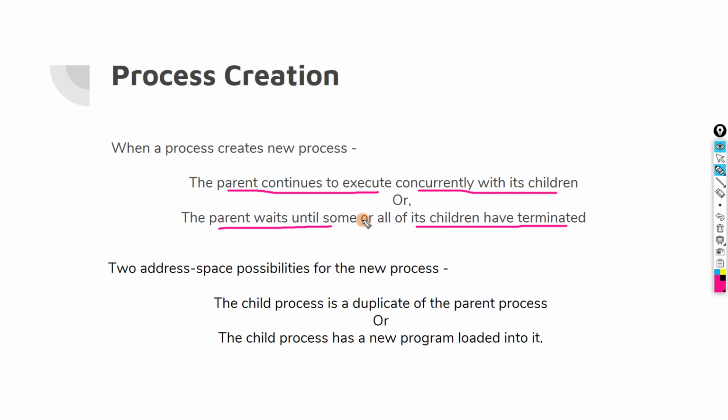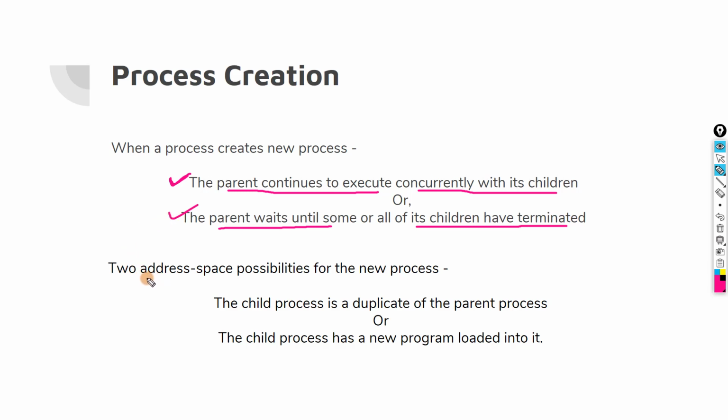So the first one is that the parent may execute in parallel with the child, and in the other scenario the parent will pause its execution and wait until the child has terminated. Different operating systems follow different scenarios, and each has its own advantages and disadvantages.